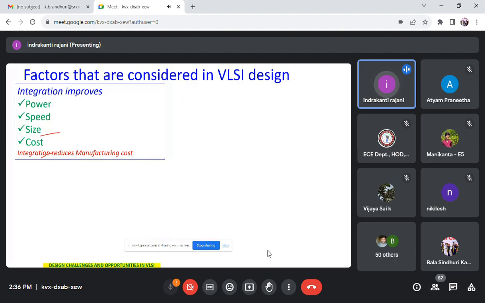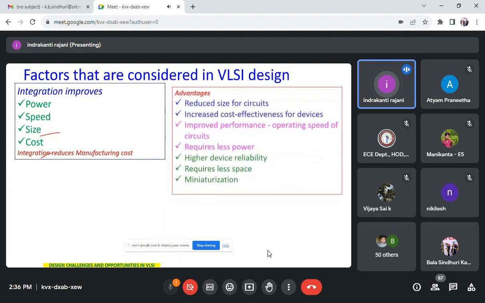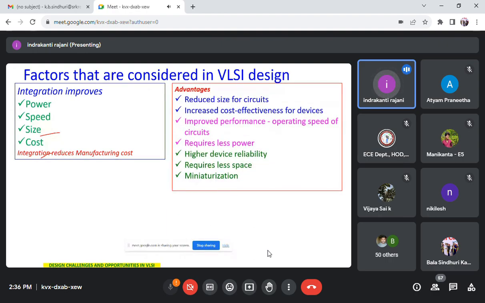So many advantages come from this kind of reduction: smaller sizes for circuits, increased cost effectiveness for devices, improved performance and operating speed, less power required, higher device reliability, less space required, and miniaturization. These are all the advantages of this kind of design.